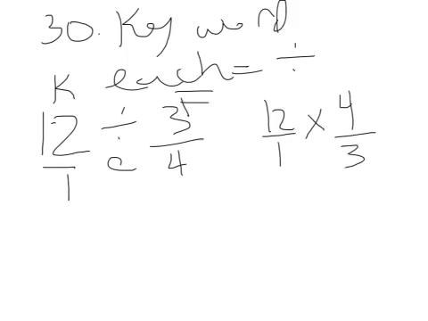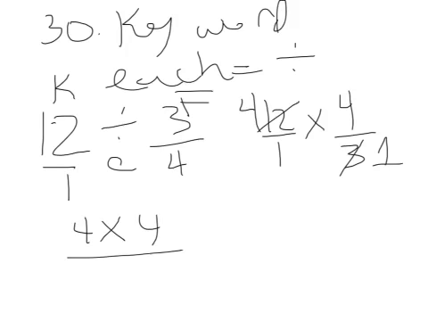I see an opportunity to be lazy, so I'm going to take advantage of that, because I want to go listen to punk rock and death metal. 3 goes into 12 4 times. That becomes 1. So now 4 times 4 over 1 times 1. Well, that's easy. It'll be 16 over 1, which is of course 16.